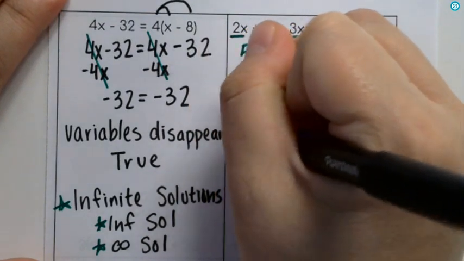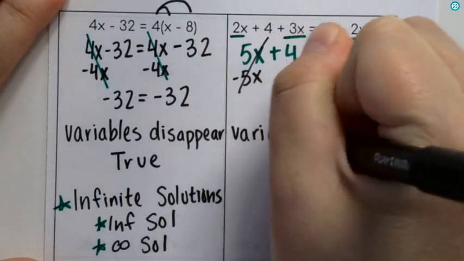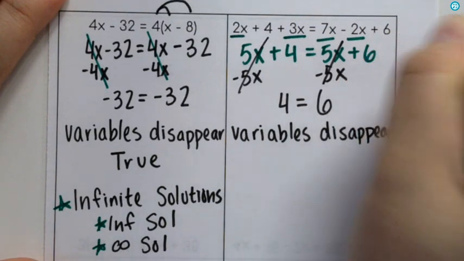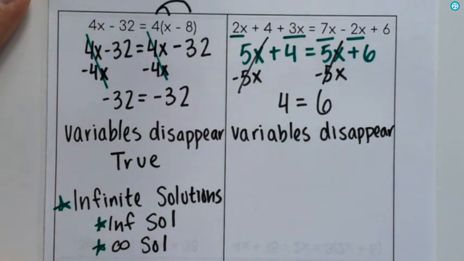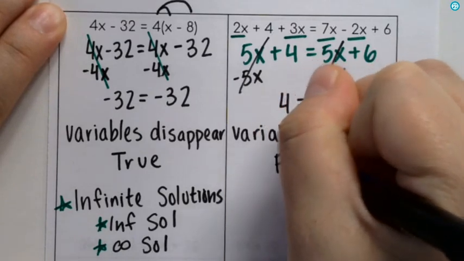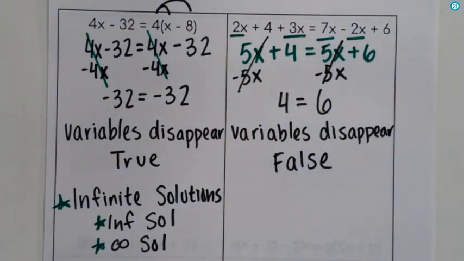So I'm going to write that note down to myself. But does 4 equal 6? No. So we are left with a false statement. So if your variables disappear and you are left with a false statement, instead of having an infinite number of solutions, you have absolutely no solutions.